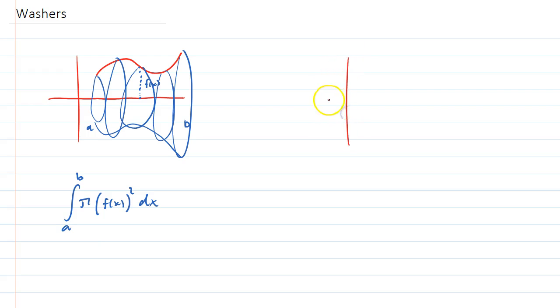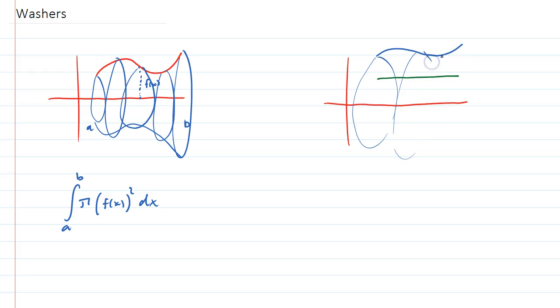A washer is basically the same thing, except instead of having just one function, we're going to have two changing functions like this. So we'd have one f of x up there maybe, and another, g of x, say, right there. So when I rotate f of x around, it's going to create its own shape like this.